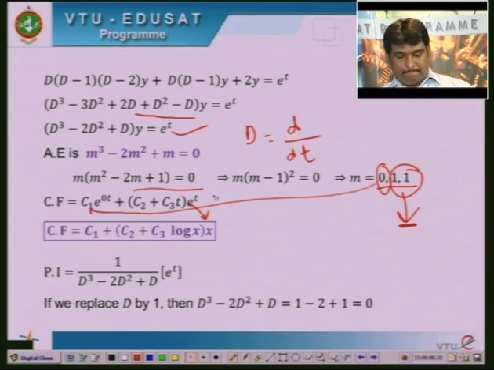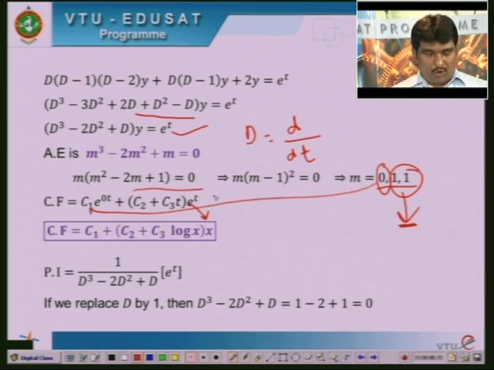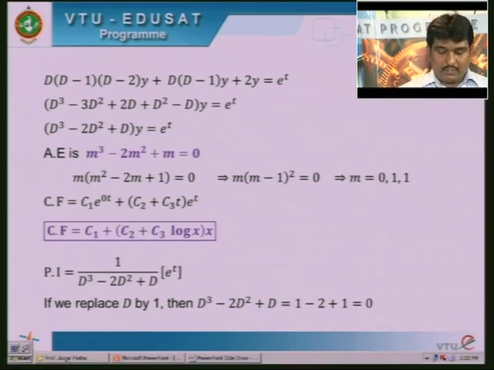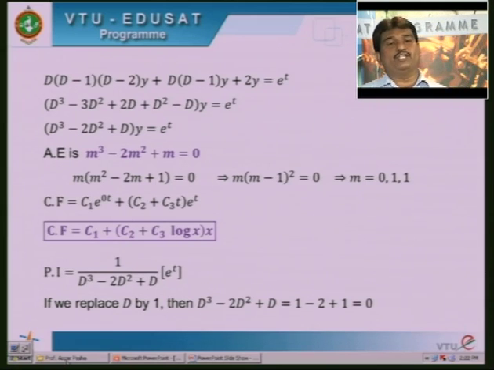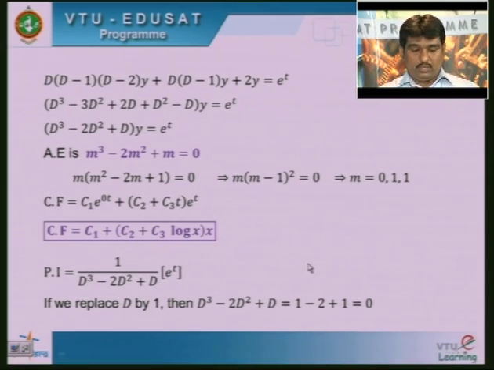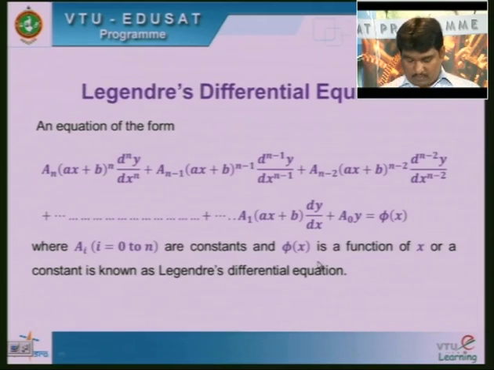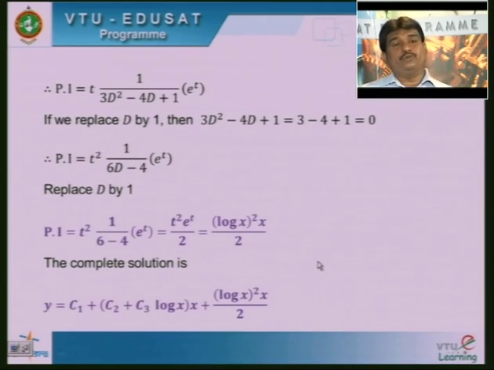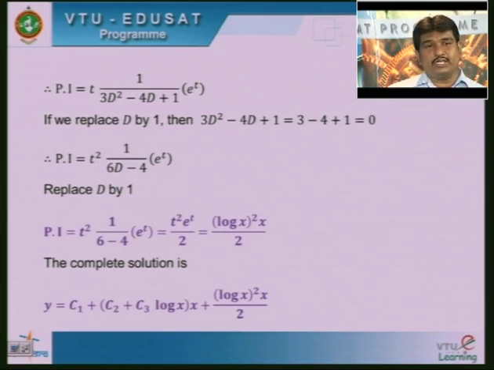Now PI is 1 divided by f of D. f of D is D cube minus 2D square plus D operated on e to the power of t. This is like e to the power of at, type 1. We have to replace D by 1 because the coefficient of t is 1 here, but if we replace D by 1, the denominator becomes 0, and hence we have to multiply by t and differentiate the denominator.